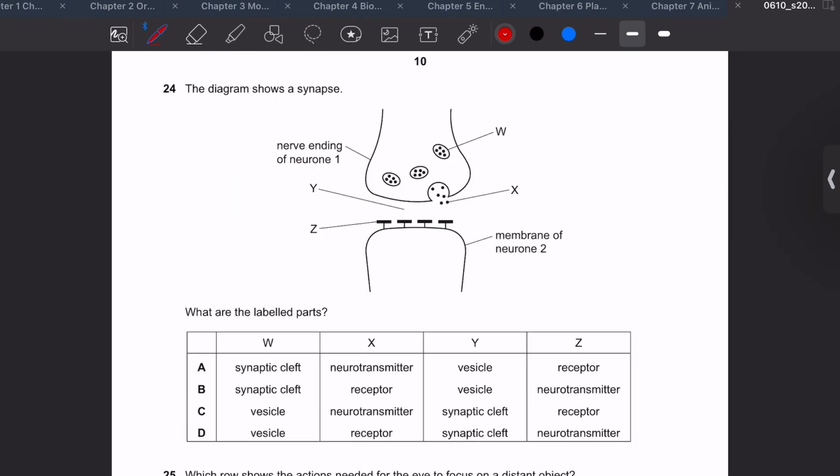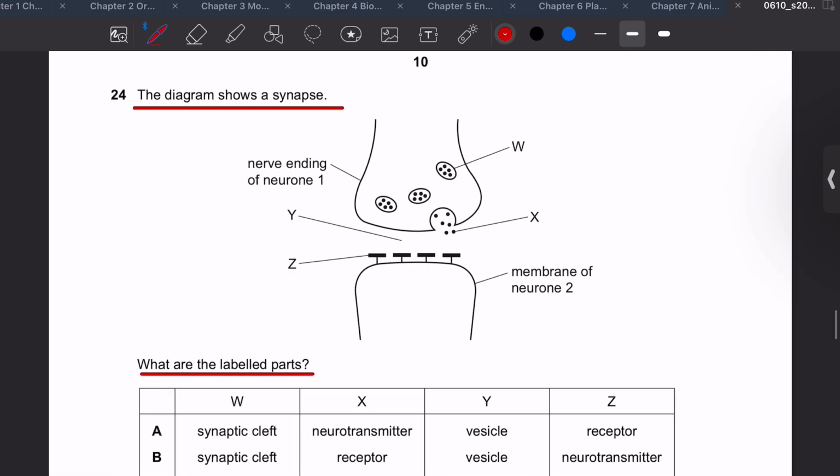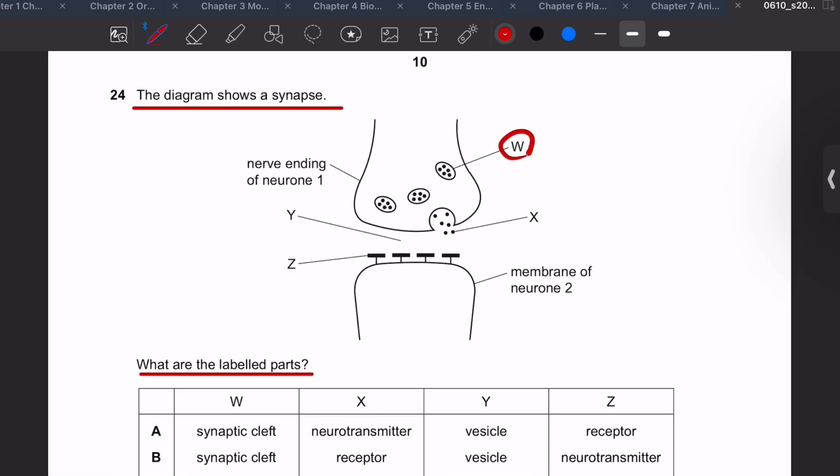Number 24. The diagram shows a synapse. What are the labeled parts? So, synapse. W looks like a vesicle to me. So, vesicle containing neurotransmitters. So, the answer is either C or D. And X are neurotransmitters.